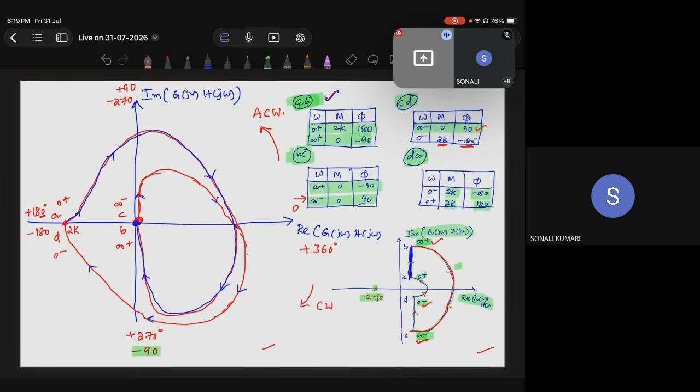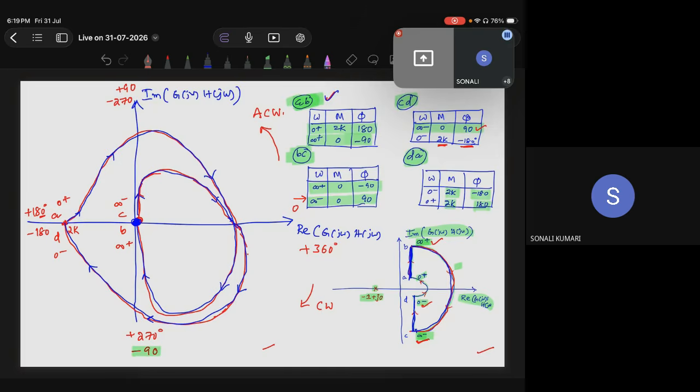BC is this arc of a circle. Here, this is just a simple point. Then CD, again a straight line, but here it is again a big curve, something like this. Is this clear?